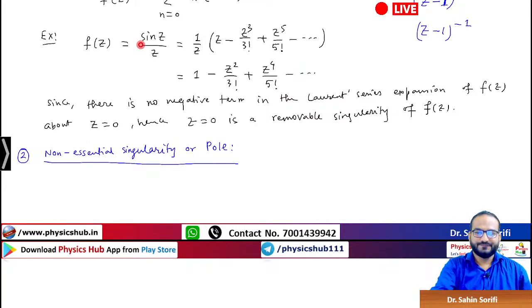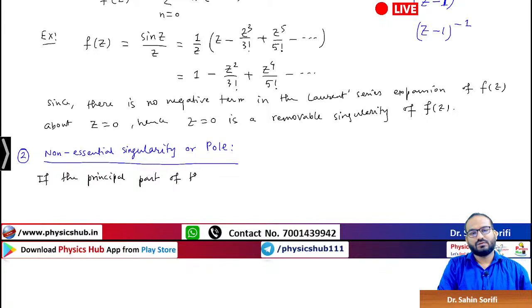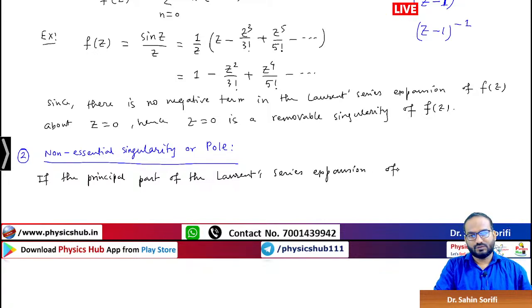So if I give you the definition: if the principal part of the Laurent series expansion of f of z about z equals a contains a finite number of terms.